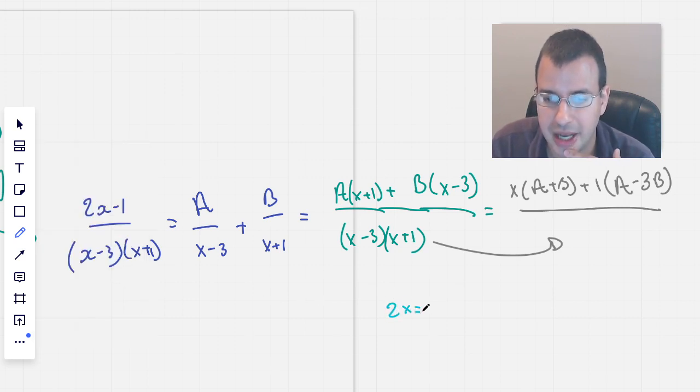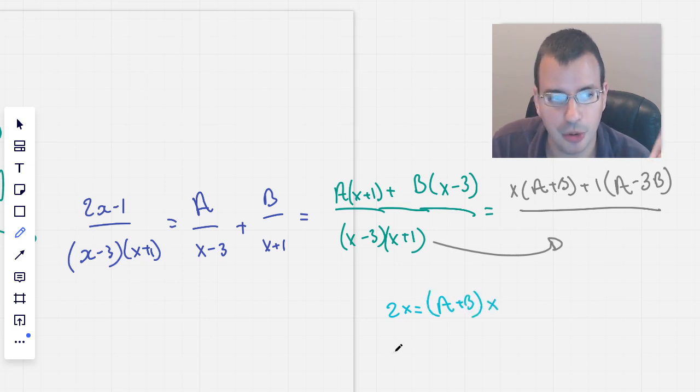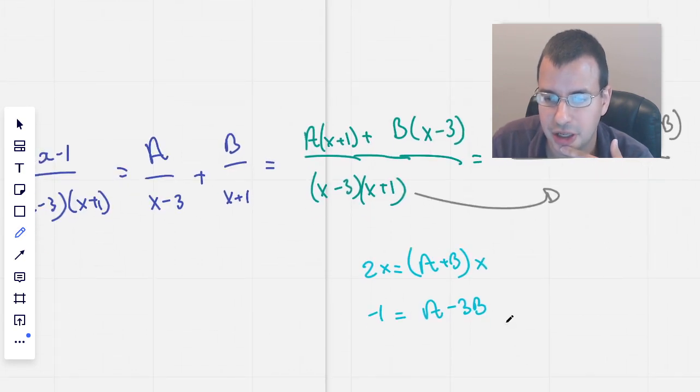So we know 2x equals (A plus B) times x. And we know that negative 1 equals A minus 3B. I could say times 1, but I'm not going to, for simplicity.